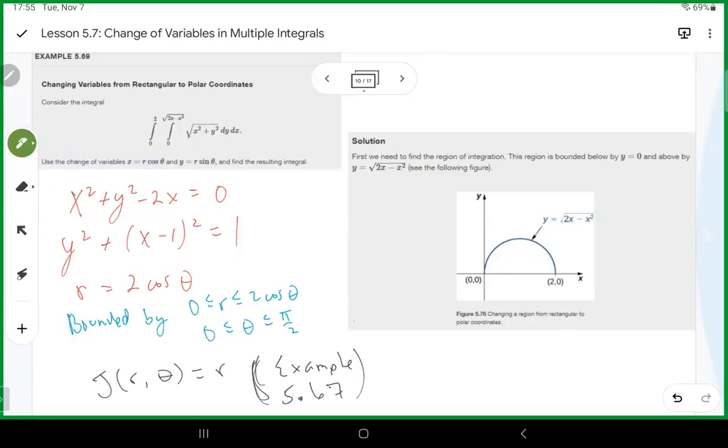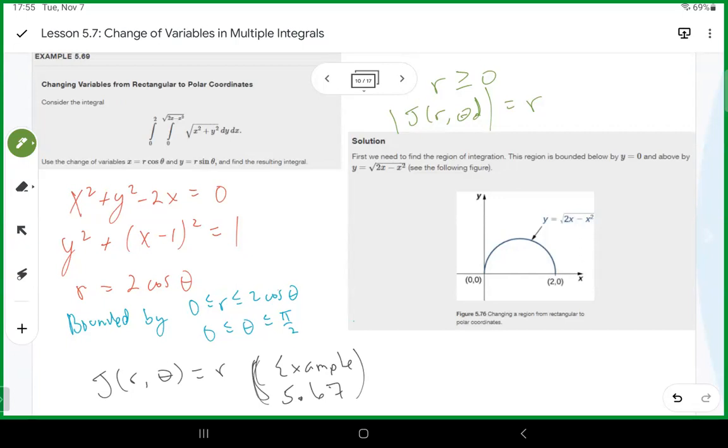Since r is greater than or equal to 0, we have the absolute value of the Jacobian as r. The integrand of square root of x squared plus y squared changes to r in polar coordinates.